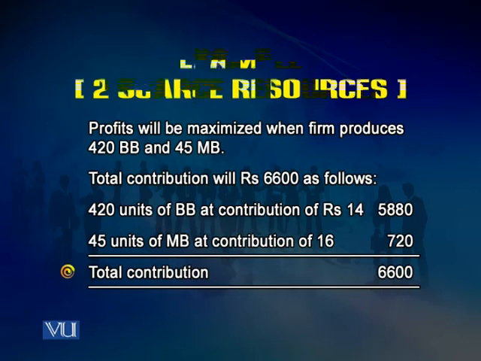So we are saying that the maximum contribution, and therefore the maximum profit, is going to be achieved by the production of 420 units of BB. Here the contribution per unit is 14, and that amounts to a total contribution from the BB product of 5,880.